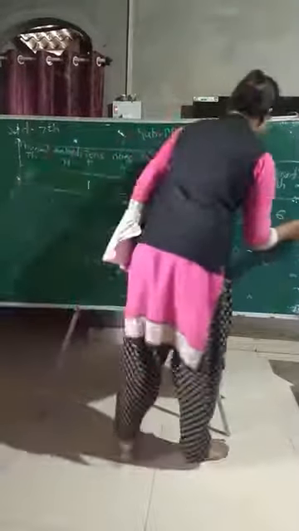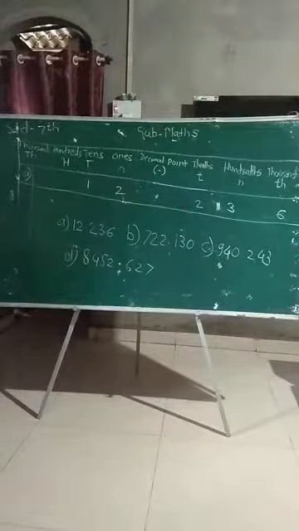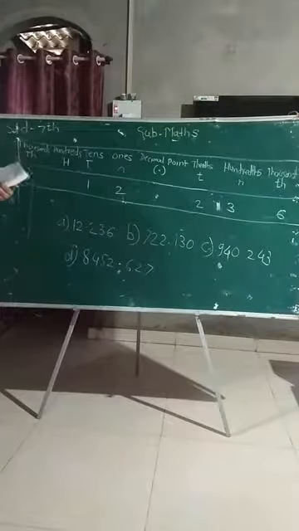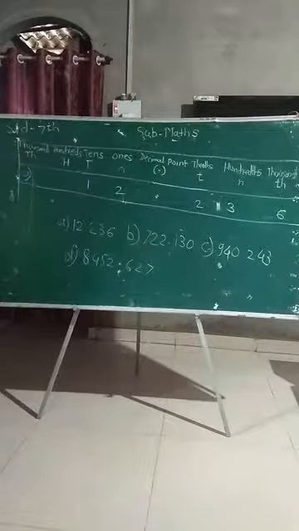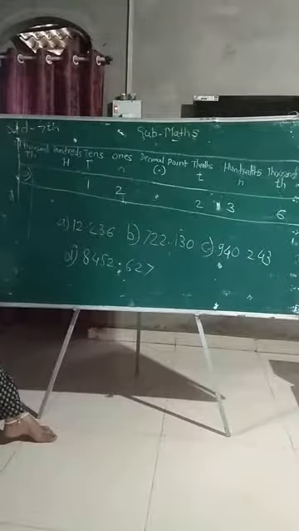Now, solution of example B. We know that example B is 722.130. There are 3 digits before decimal point.